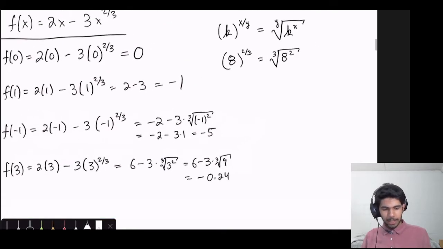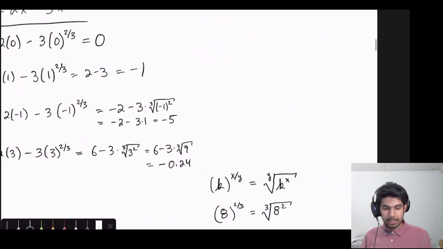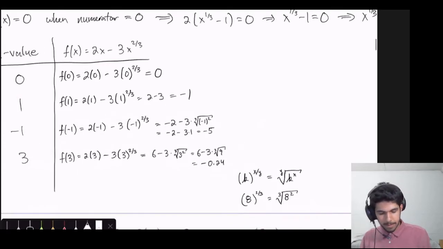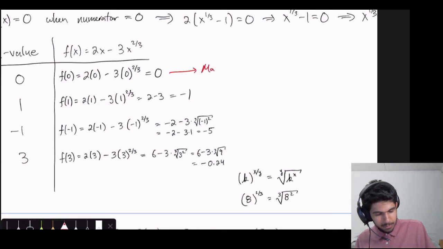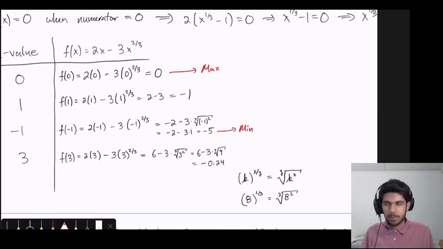So now we have our values, and we can classify them as maxima or minima. So we have 0, negative 1, negative 5, and negative 0.24. So 0 is our maximum, because all of the other values are less than it. And negative 5 is our minimum.